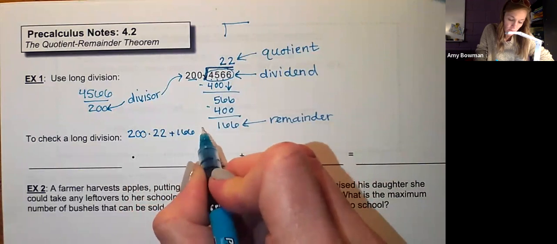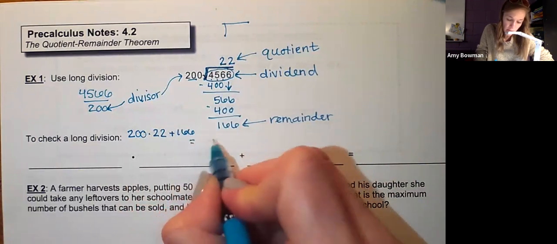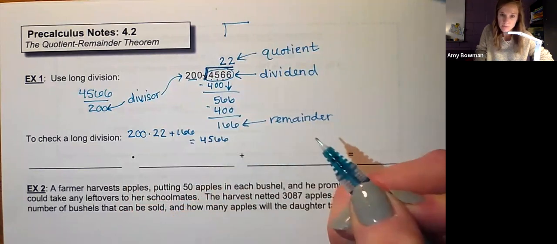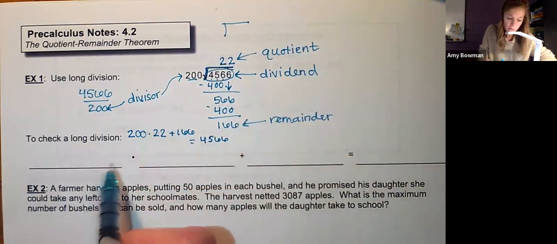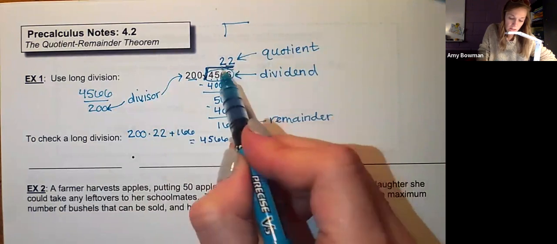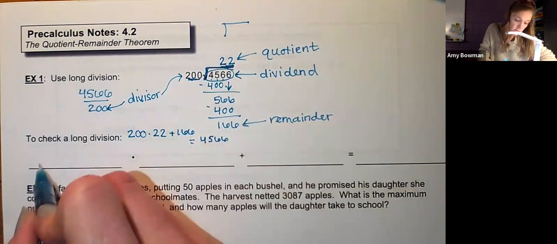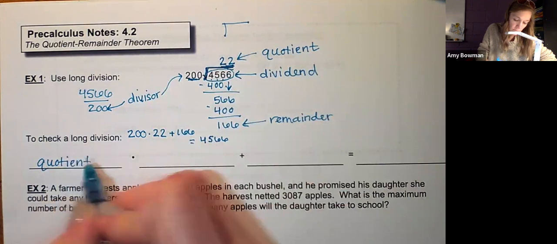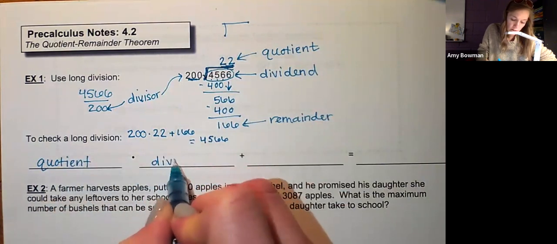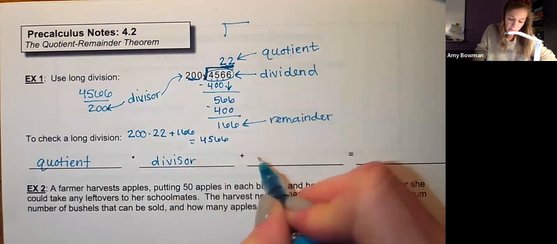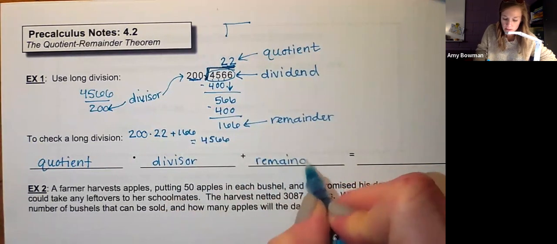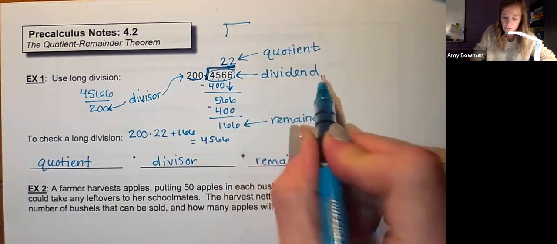So that should equal, I'm running out of space, 4,566. So that's how you would check it. To check long division, you would do quotient times divisor, add the remainder, and that should get you back to the original dividend.